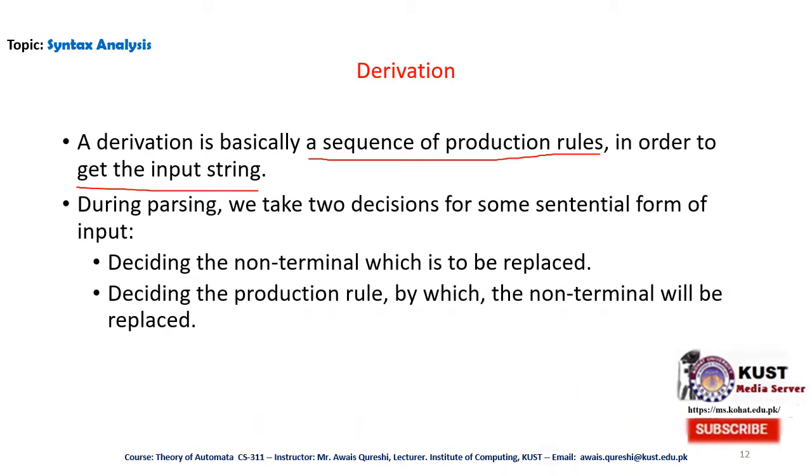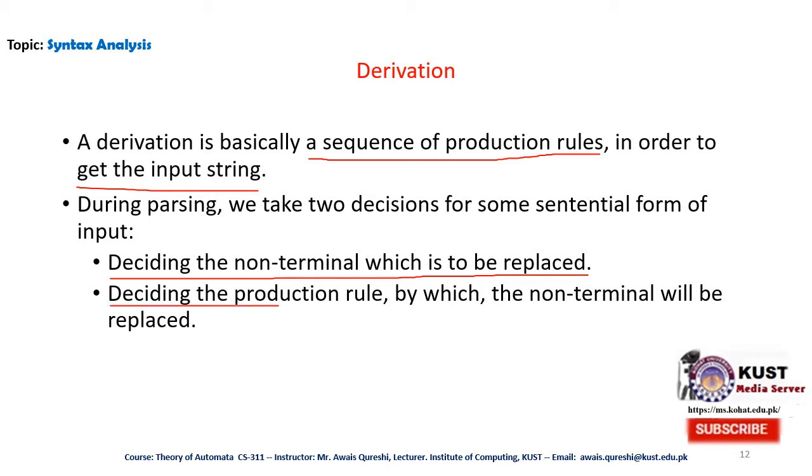During parsing, we take two decisions for some sentential form of the input. The first decision is deciding the non-terminal which is to be replaced. This is terminology in context-free grammars. Non-terminals are those which can be replaced by some strings or substrings, and the second decision is deciding the production rule by which the non-terminal will be replaced.